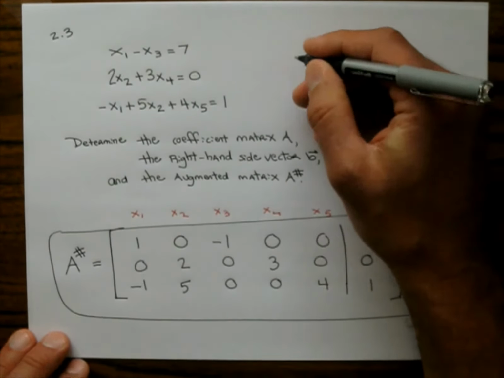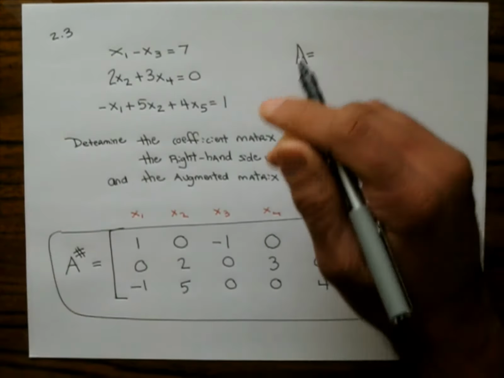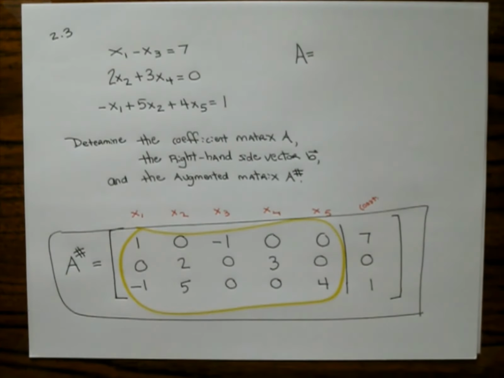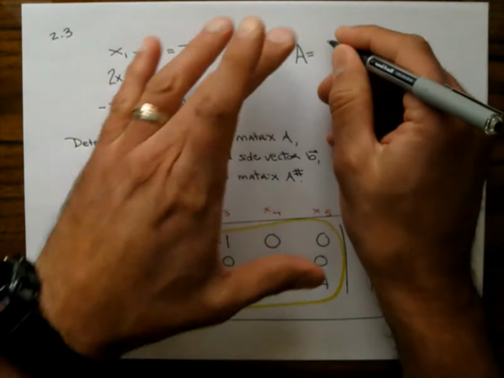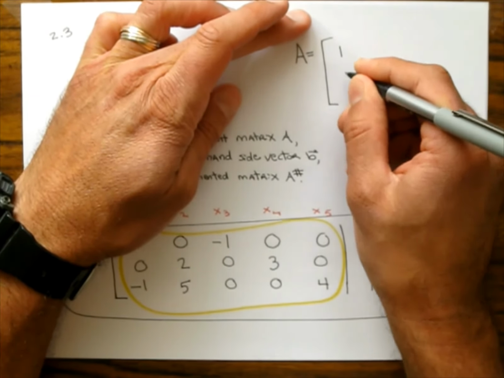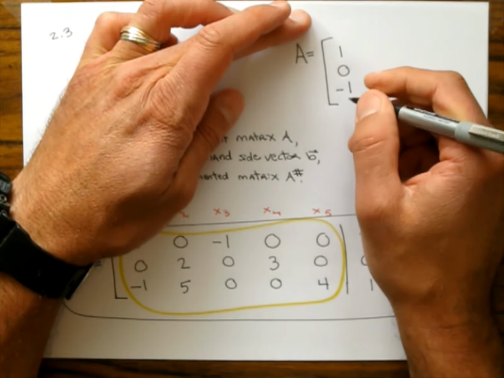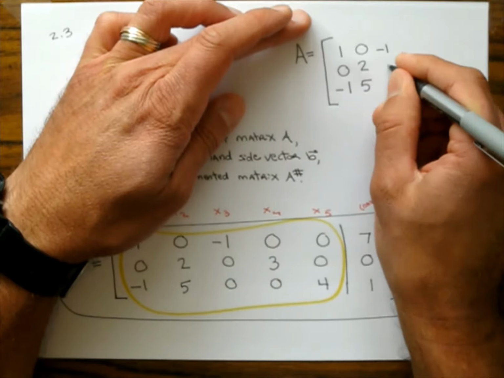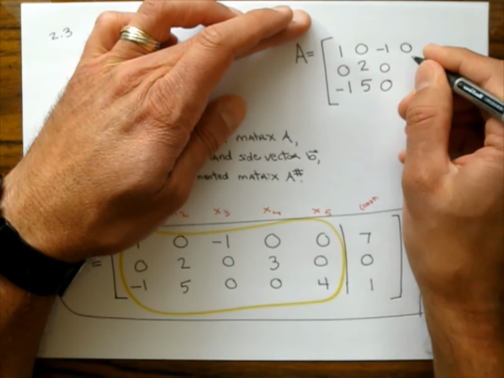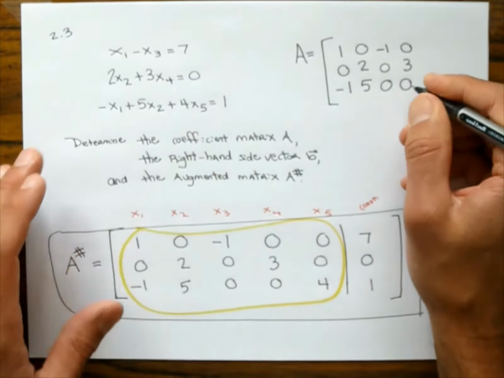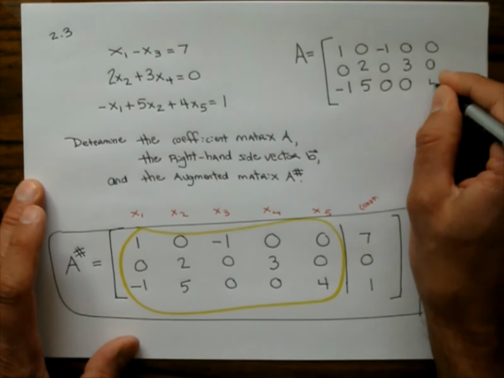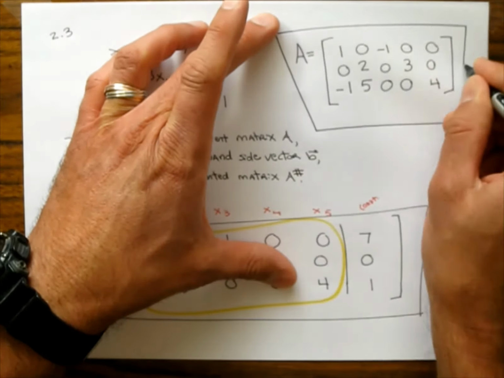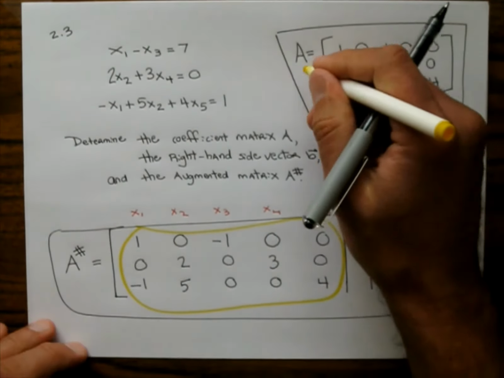They said, well, what is the coefficient matrix? I'll go ahead and put the coefficient matrix up here. That's this guy right here. So the coefficient matrix, and this is just some busy work here: 1, 0, negative 1 for the first column, 0, 2, 5 for the second column, negative 1, 0, 0, and then we have 0, 3, 0, and then 0, 0, 4, and that gives me the coefficient matrix A, which happens to be this guy.